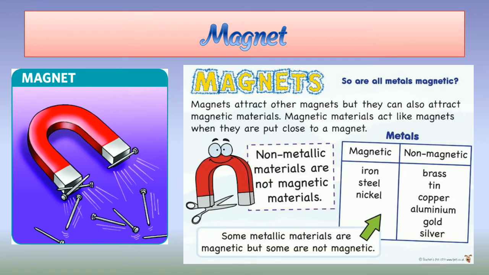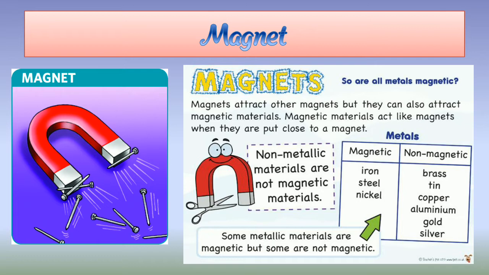So all magnets are magnetic. A magnet attracts other magnets, but it can also attract magnetic materials, and magnetic materials act like a magnet when they are put close to a magnet.